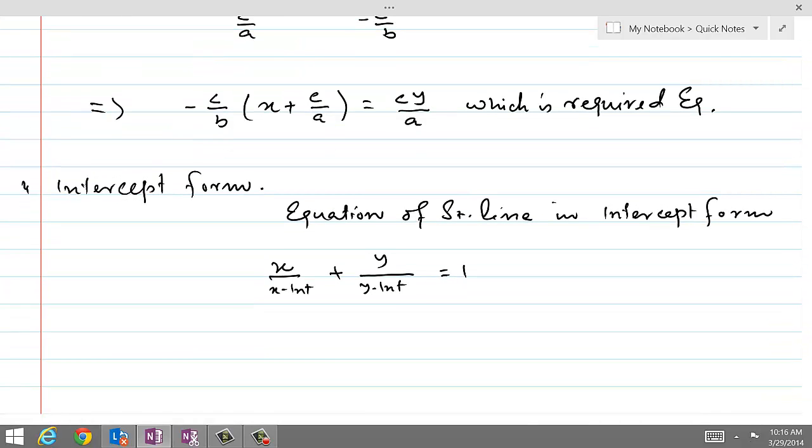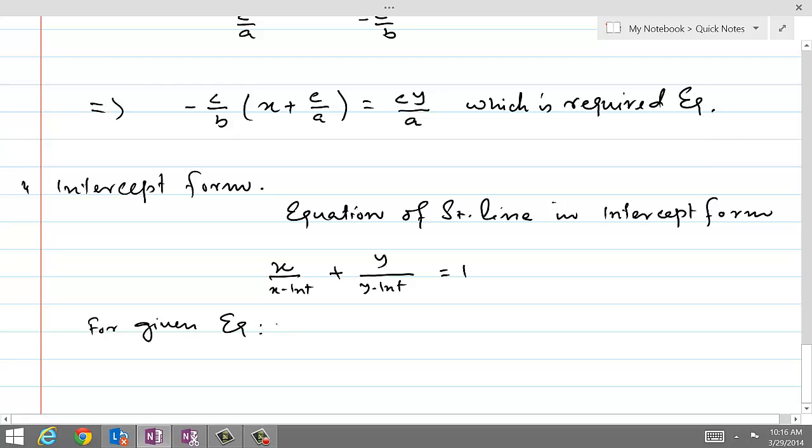For the given equation, the x-intercept was calculated equal to minus c over a, and the y-intercept was calculated equal to minus c over b.